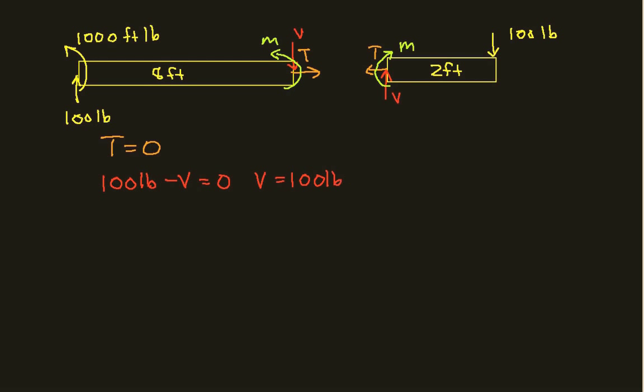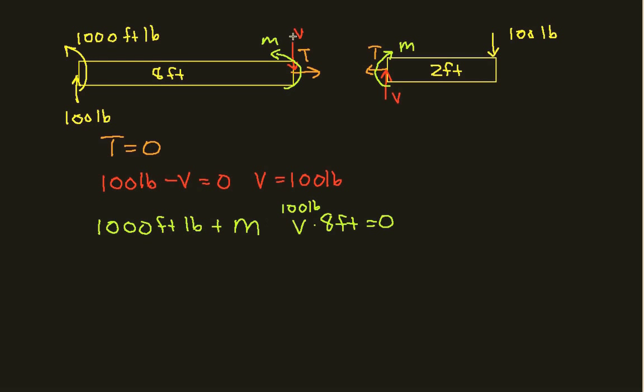Okay, and if we sum the moments, we have 1,000 foot-pounds plus M. Then we also have V pushing down with a moment arm of 8 feet. So we'll have plus V times 8 feet, and this is equal to 0. And so V is 100 pounds. So we have 1,000 foot-pounds, and I got the sign here wrong, I'm sorry.